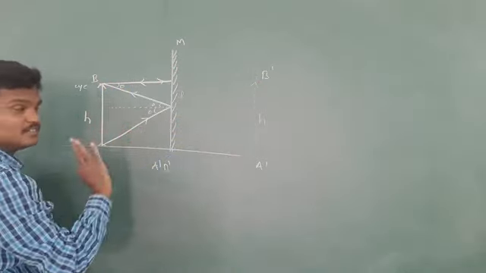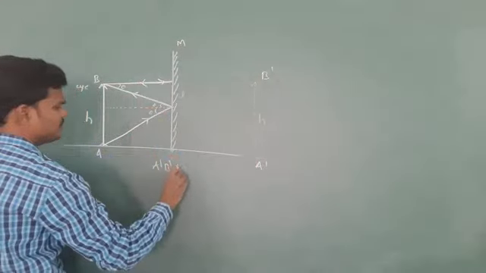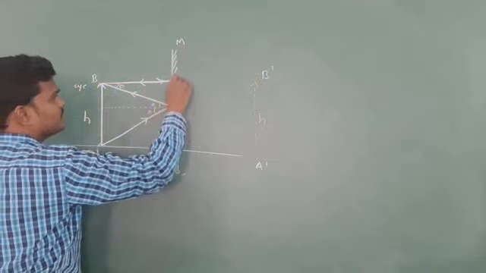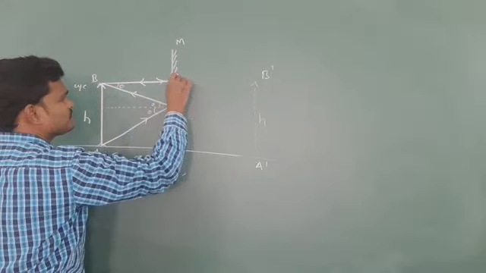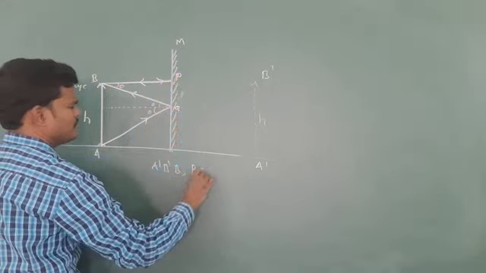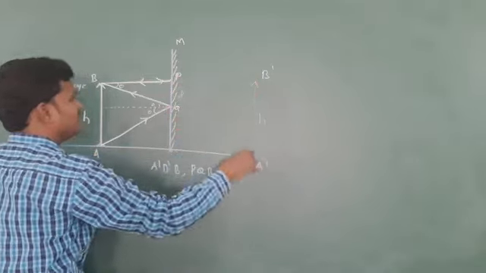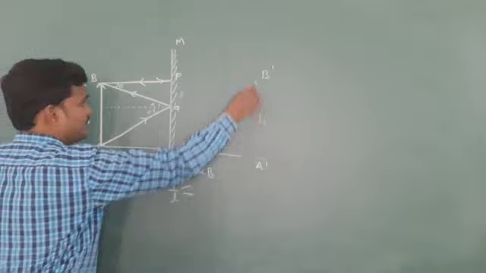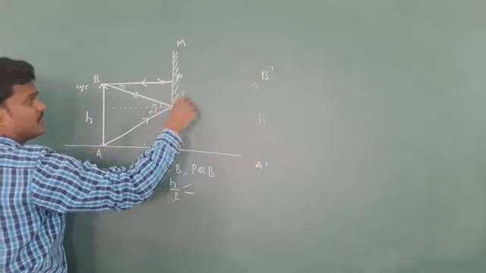Otherwise, I may give the direct answer. So A dash, B dash, B, and if we use P, Q, B. Height by height, h by L, height of the bigger one by height of the smaller one, length by length.